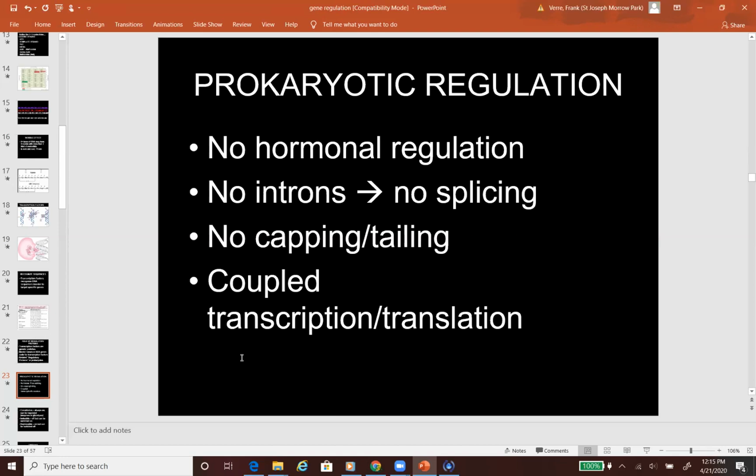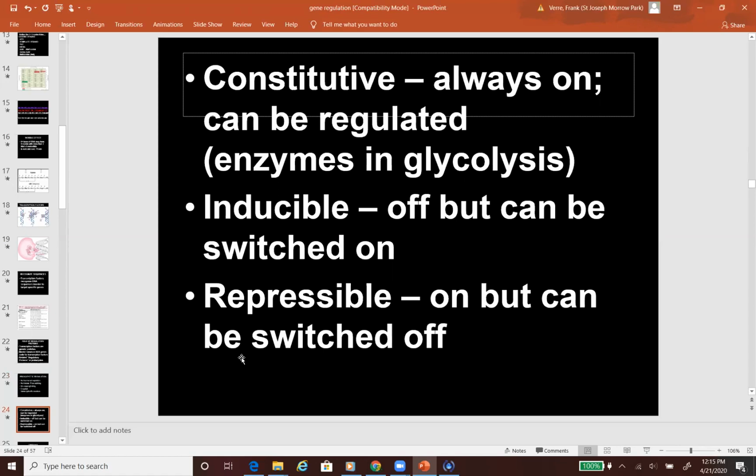If you remember, bacteria don't splice their mRNA. So it's a little bit different what bacteria do than what eukaryotes do, but the big idea is still the same, okay? And the way they control their genes is the same way that we do it.